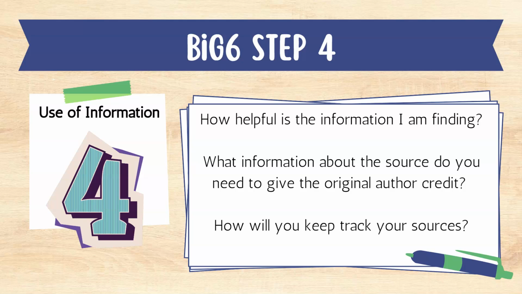If you ask yourself, how helpful is the information I'm finding, and you're not finding very good or helpful information, you might have to go back to a previous step, maybe 2 or 3, to get different resources so that you have the correct information or relevant information. Okay, so this process does not go straight through the line 1, 2, 3, 4, 5, 6. It can go 1, 2, 3, 4, 2, 3, 4, 3, 4. Okay, so just keep that in mind.